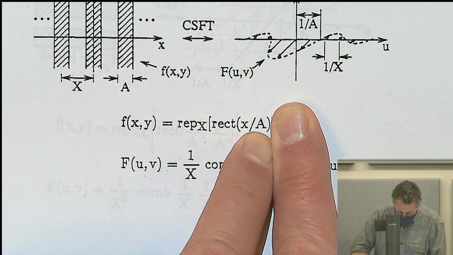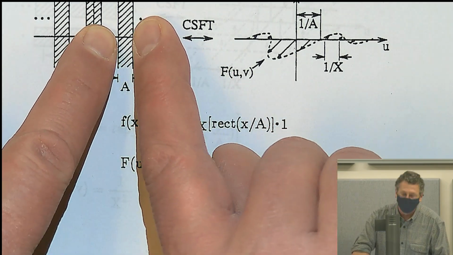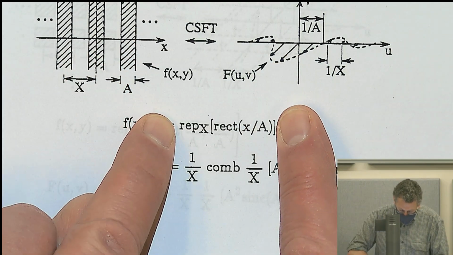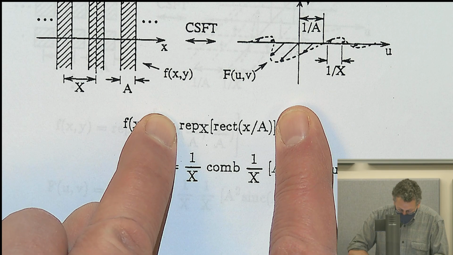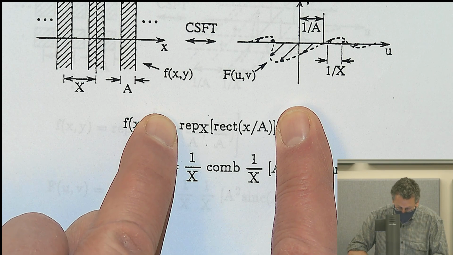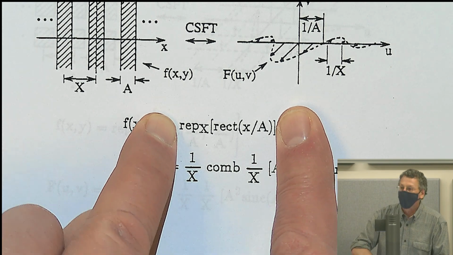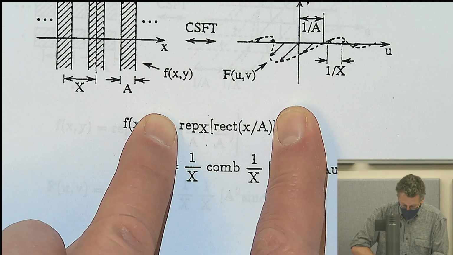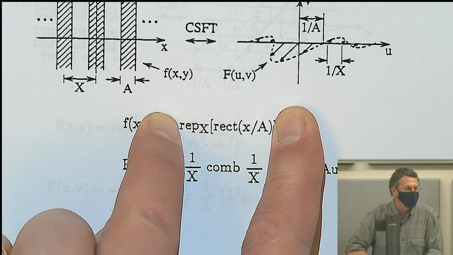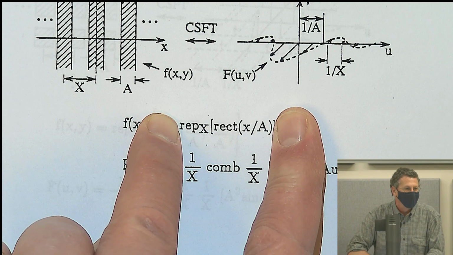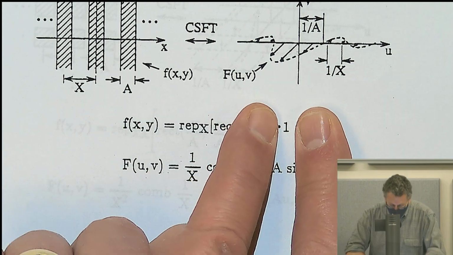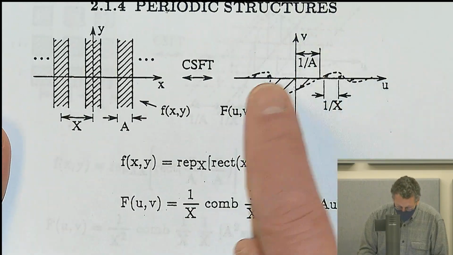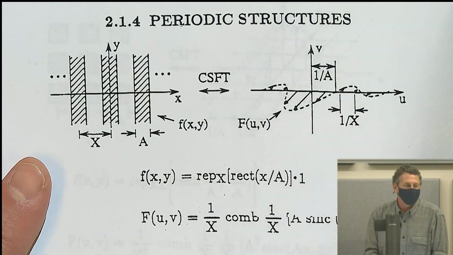The dividing by a modulates the width of the rect. So this is a rep of a rect. The Fourier transform of that is going to be the comb of a sinc, because the rect goes to a sinc, and the rep goes to a comb. Wow, did that make any sense? Okay, good, thank goodness. And then the Fourier transform of the 1 is delta, so you get the same kind of deal. You can think about these.